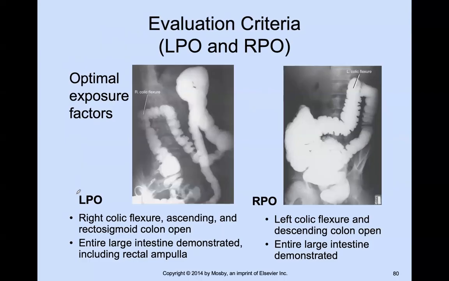So essentially, LPO and RAO are the same, they demonstrate the same side. This is really bad handwriting, I'm going to stop after this one. You get the hang of it. Then RPO and LAO will demonstrate the same side.